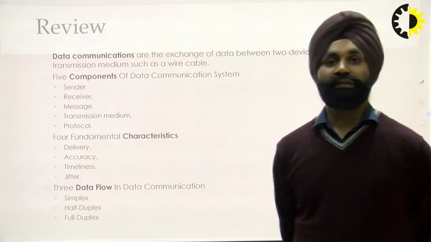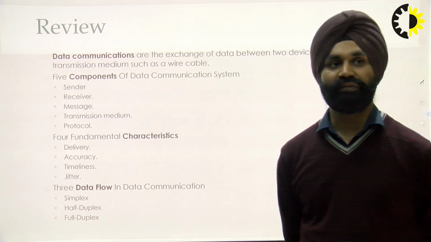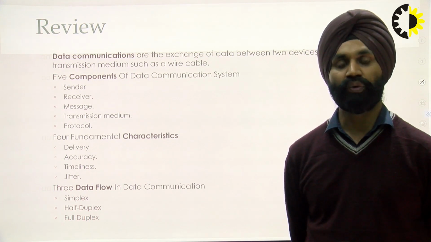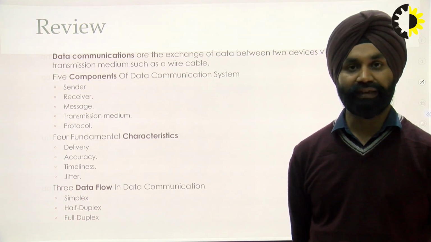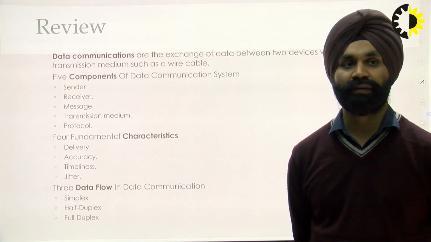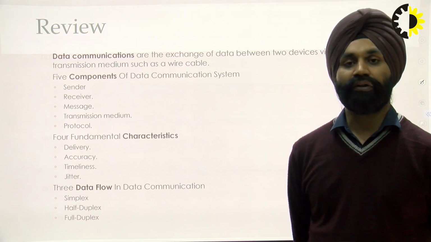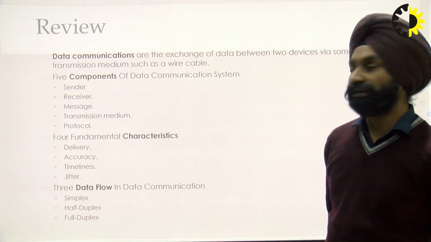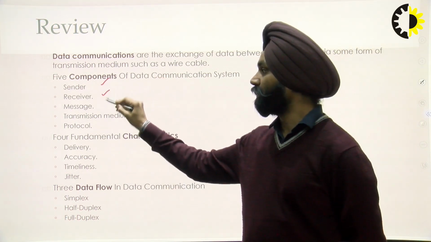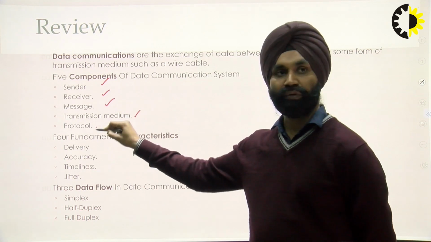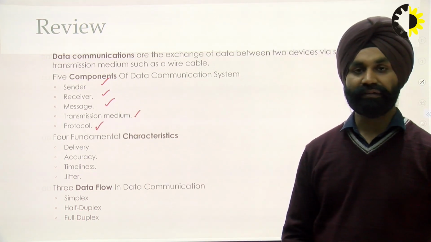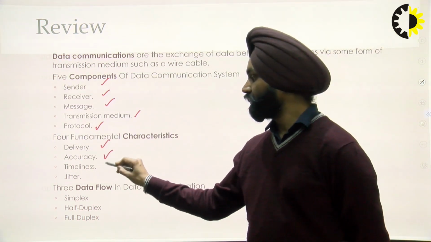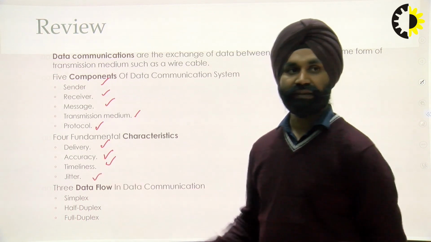So if we review all the things that we have discussed, first, we need two devices, two nodes, connected with a link to set up data communication. There are 5 components essentially required to set up a communication: sender, receiver, message, medium, and protocols. There are 4 fundamental characteristics of a network: accuracy, delivery, timeliness, and jitter.